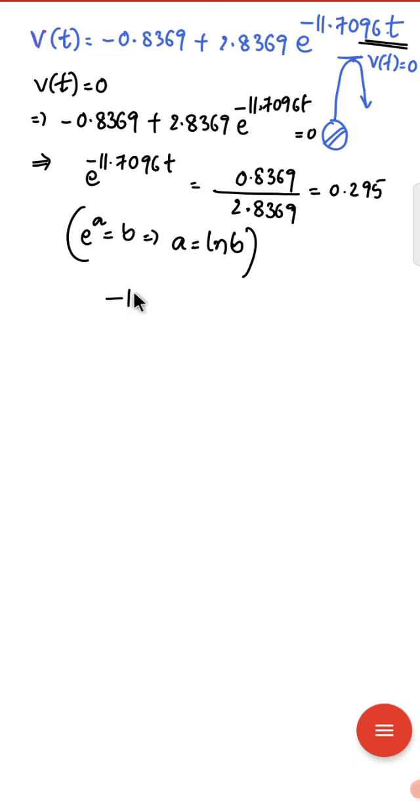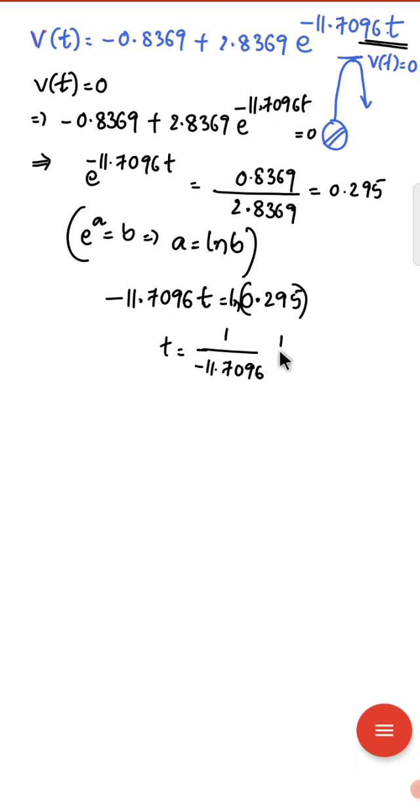So we will have minus 11.7096 t is equal to ln of 0.295. Now t is equal to 1 by minus 11.7096 times ln of 0.295.